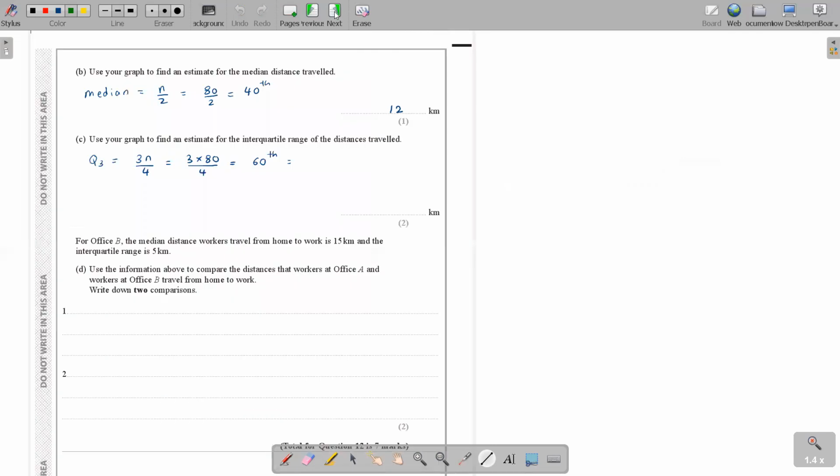So Q3 is 16. Then let's get Q1. Q1 is n divided by 4, which is 80 divided by 4, the 20th position.